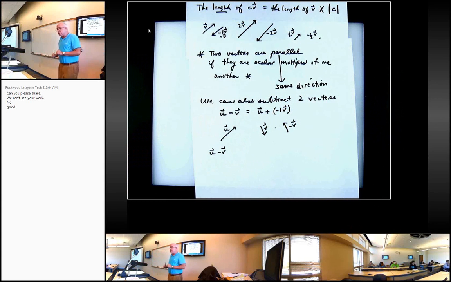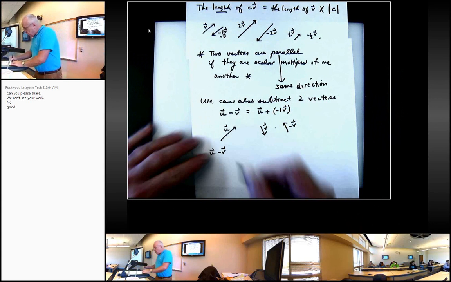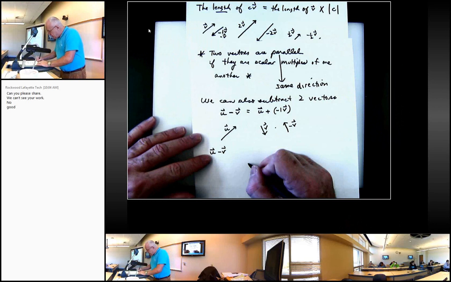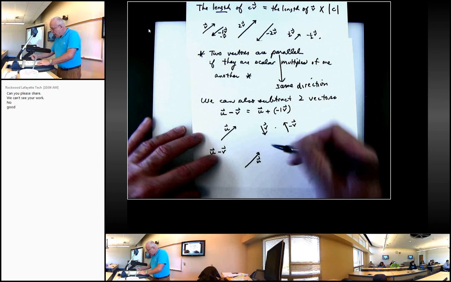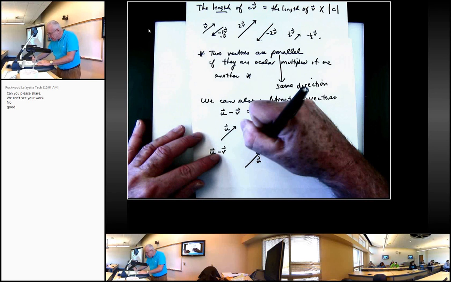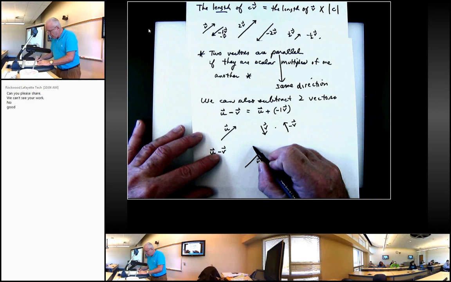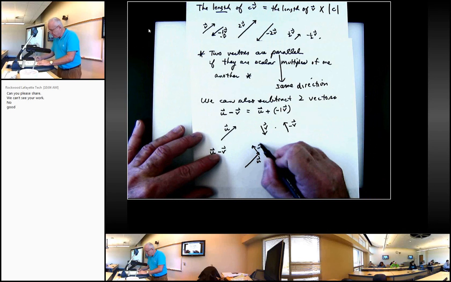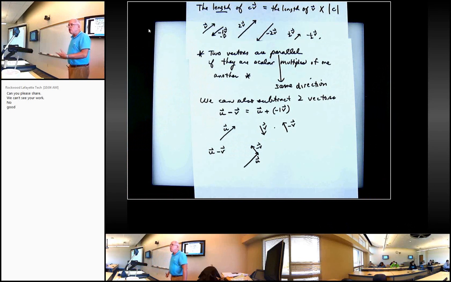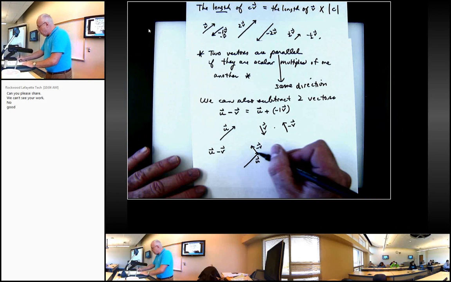So u minus v is going to be u plus minus v, like this. And then we just join, going from the head of u to the tail of minus v, like we had done before.